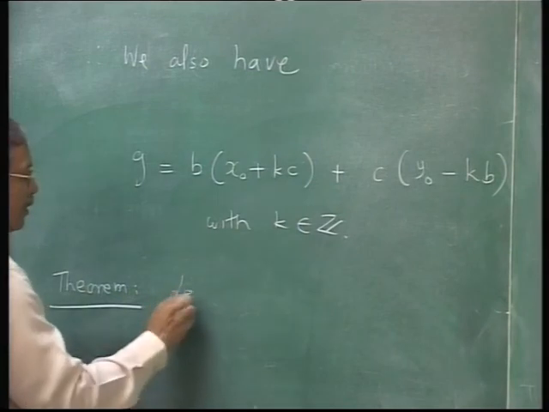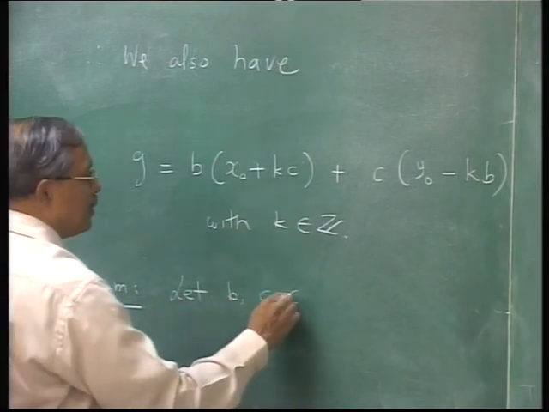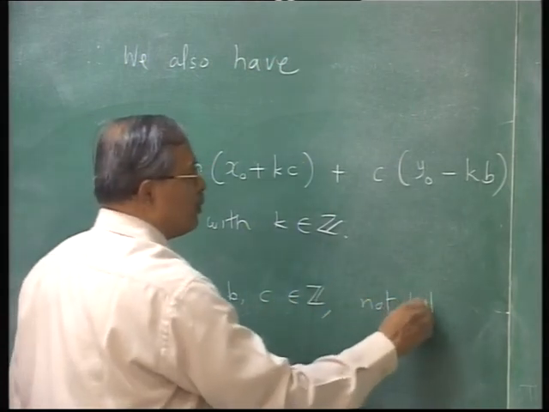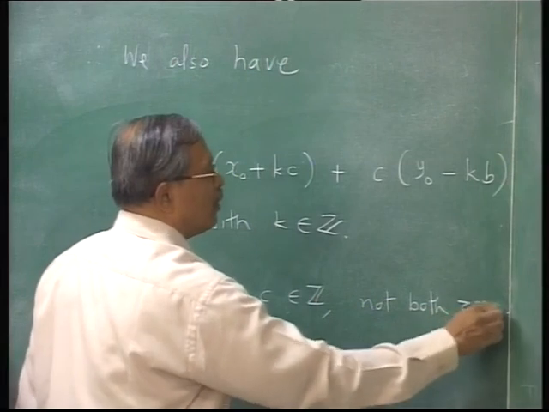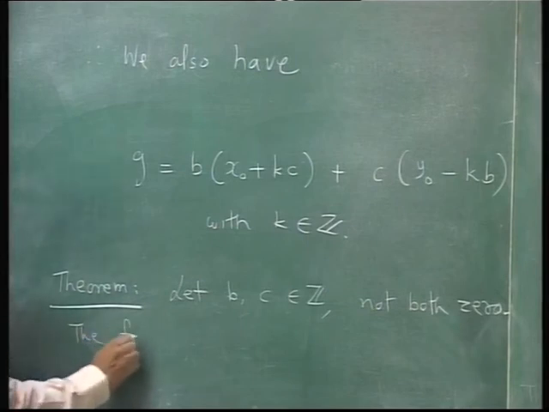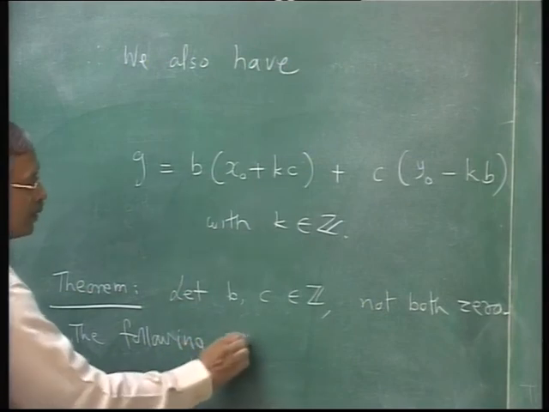So let B, C belong to Z, not both 0. The following are equivalent.